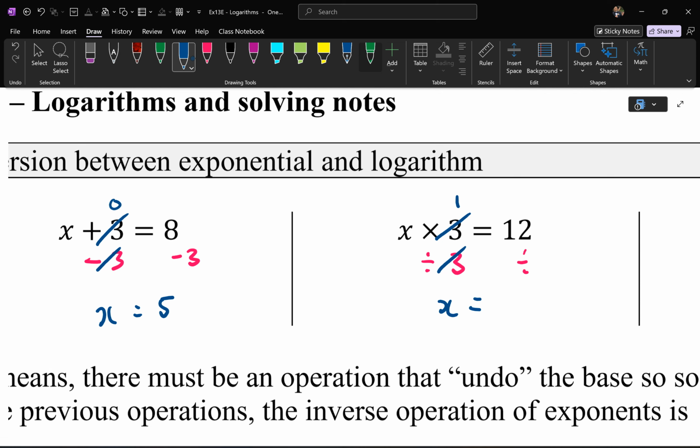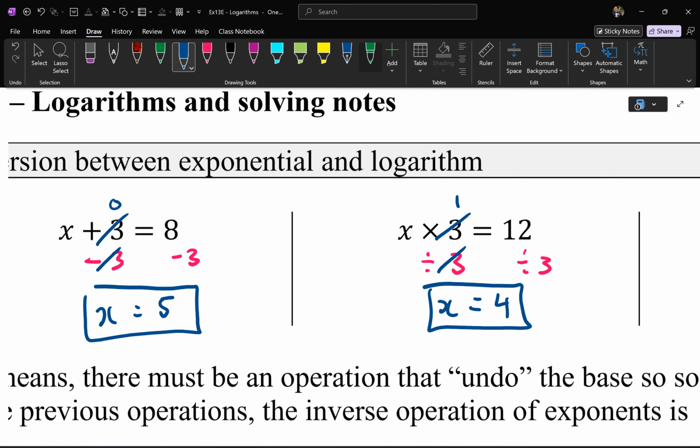That is why we then say 12 divided by 3 gives you 4. So far, the pattern is, it's not the value, it's not the 0, it's not the 1. It's the fact that we haven't changed x. X stays the same. Okay? So it's what inverse operation allows for the x to stay the same.